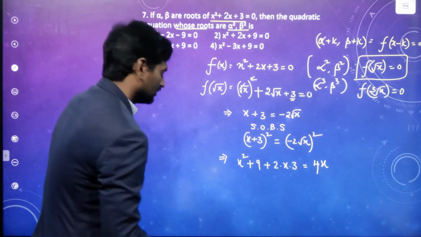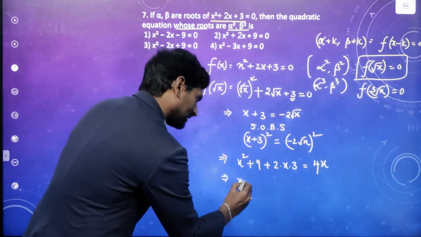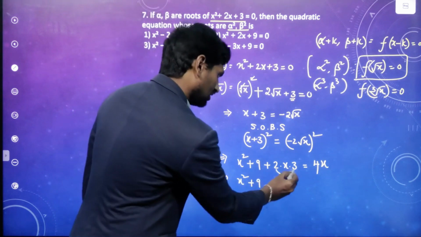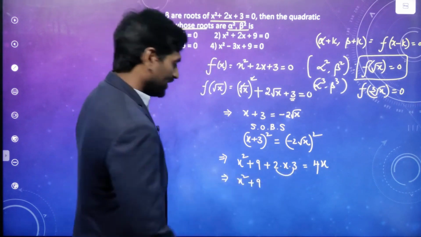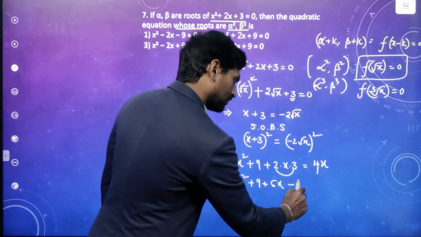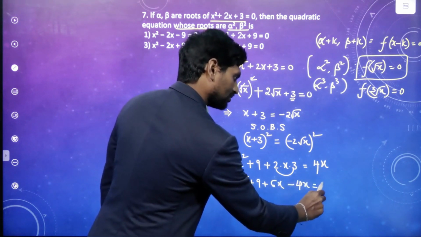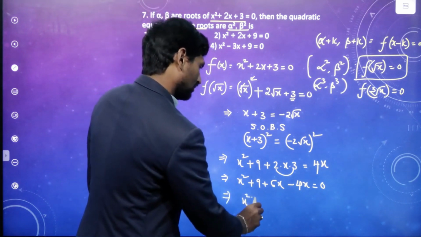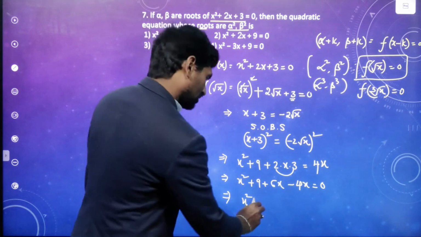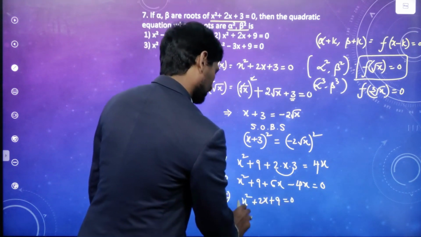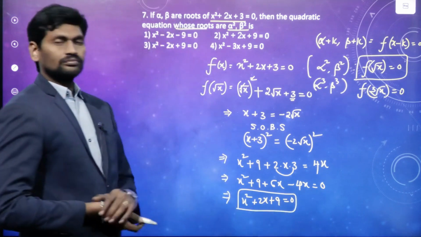Let us simplify this. x square plus 9, plus 2 into 3, 6, 6 into x, 6x. Now plus 4x, bring this side, minus 4x equals to 0. Now simplify this: x square, 6x minus 4x is 2x, plus 9 equals to 0.